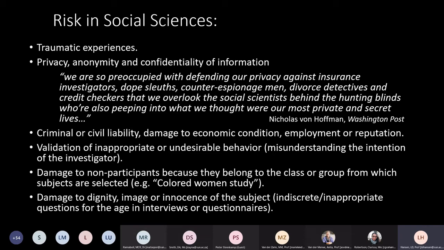For instance, when you do studies, we've had studies where people worked among sex workers that had pimps, and if they would participate in the research, that might cause them to be the targets of the aggression or the anger of the pimp, for instance, or when you do research among gang members.